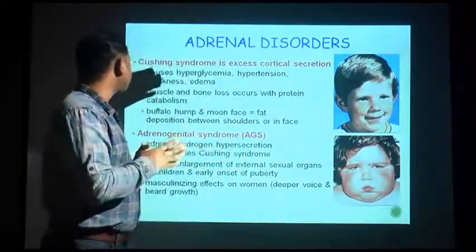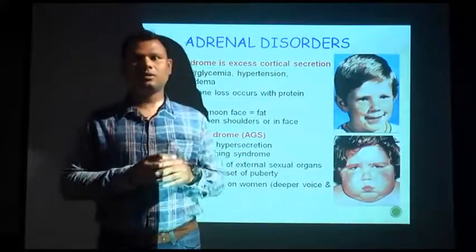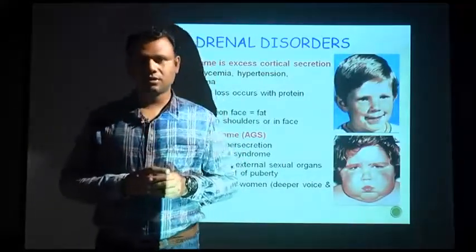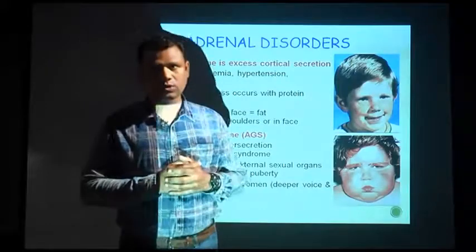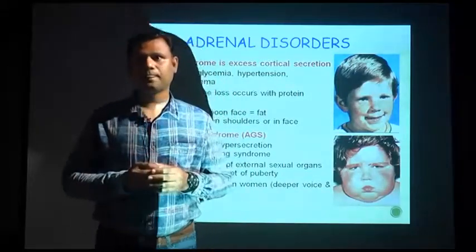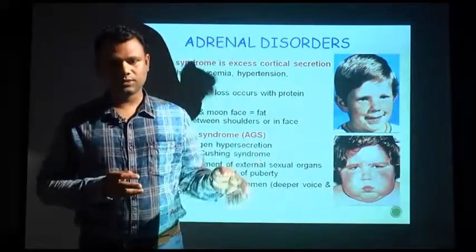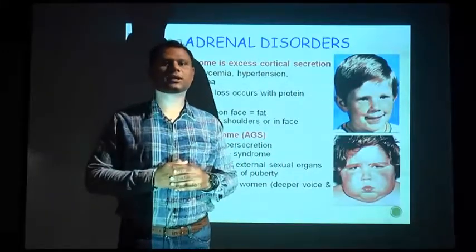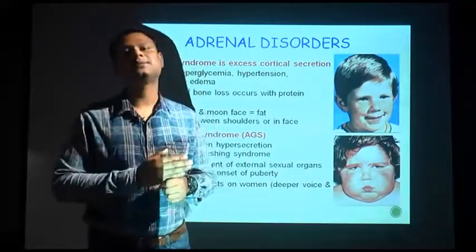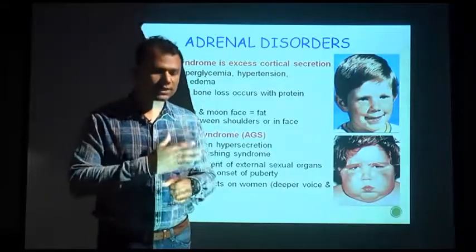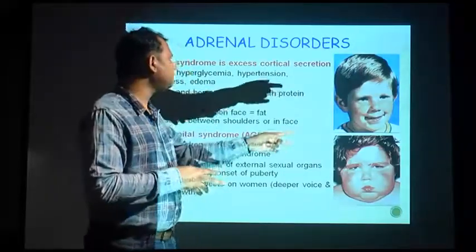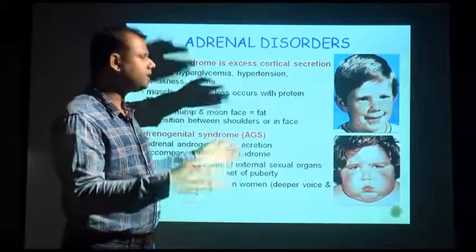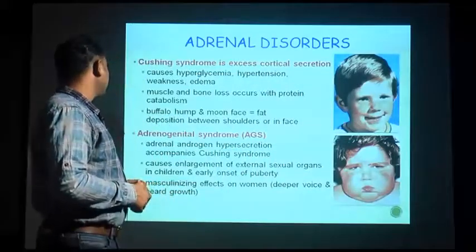So the muscle and bone loss, you all know, osteoporosis, and in muscle, any myosin, those are proteins. If degradation of the proteins takes place, ultimately your muscle and bone will be lost. So the person becomes puffy in appearance with weaker strength.